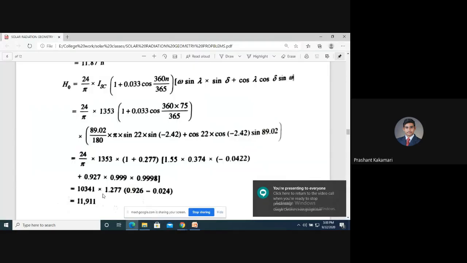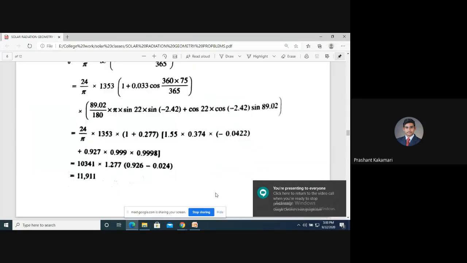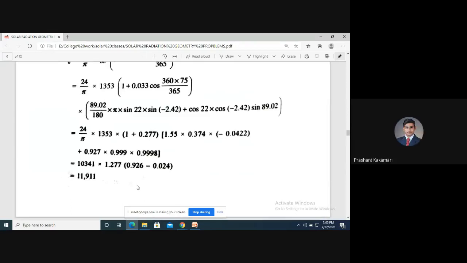So all of you have taken this H naught value. What is the unit? 11,911. What unit do we need to write? Is it watt per meter square day or kilowatt per meter square day?